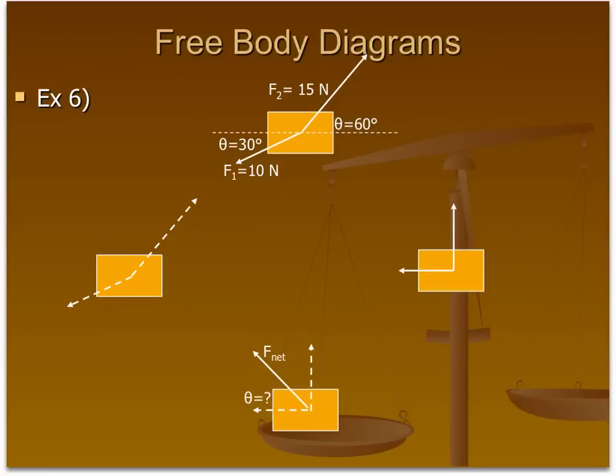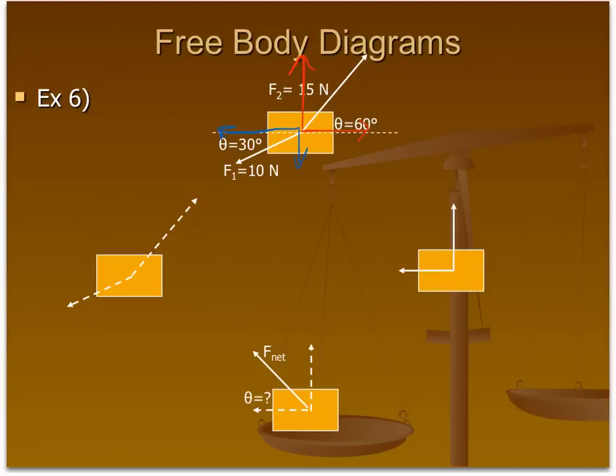So if you look, we've got F1 and F2 acting on this object, and just like in all the other problems, if you can take your F1 and F2 and take those resultants and find the x and y components, okay, you can simplify the drawing. Okay, and so here's my hint to you.